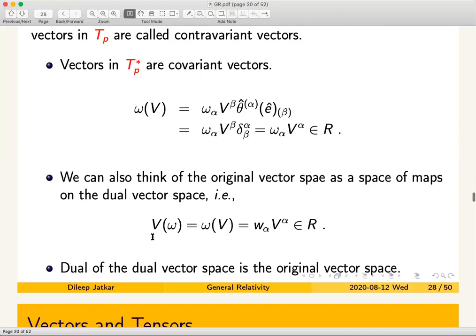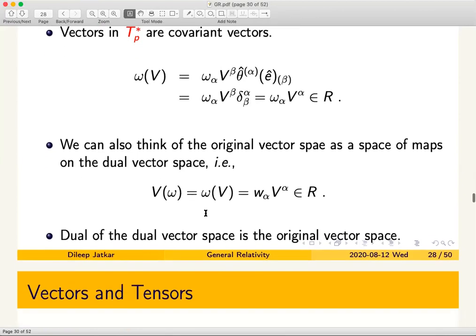So there is a dual relationship between the tangent space and the cotangent space. The property of these two vector spaces is such that if you dualize the vector space twice, so you dualize once, you go from tangent space to cotangent space, but if you dualize it once again, you are back to the tangent space.